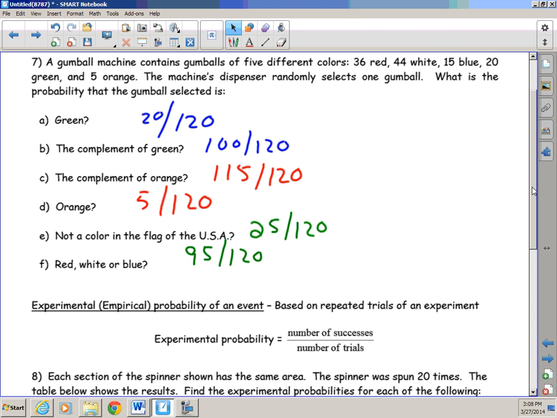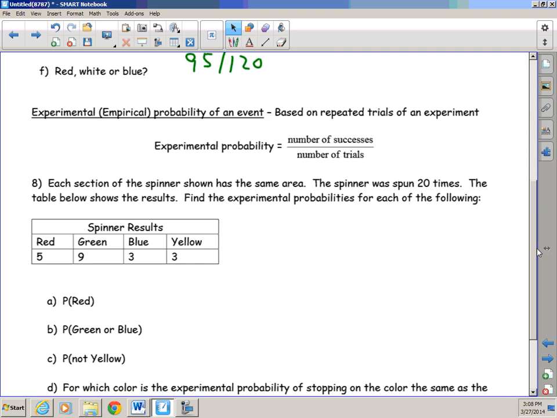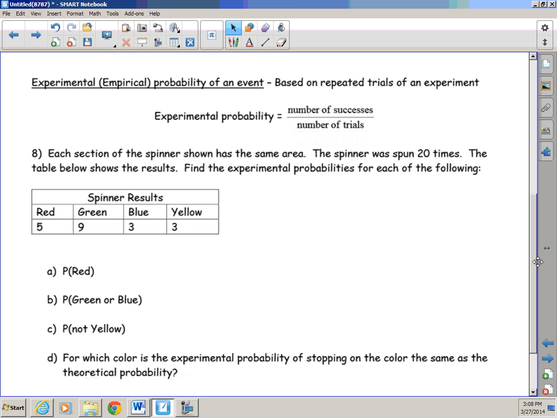Okay? Now, the second type of probability is what's called experimental or empirical probability. And basically, the only difference is that this probability is based upon events having occurred, and those events are the basis for the probability of future events.